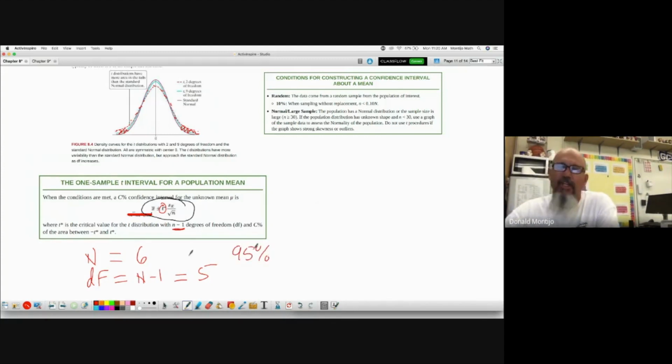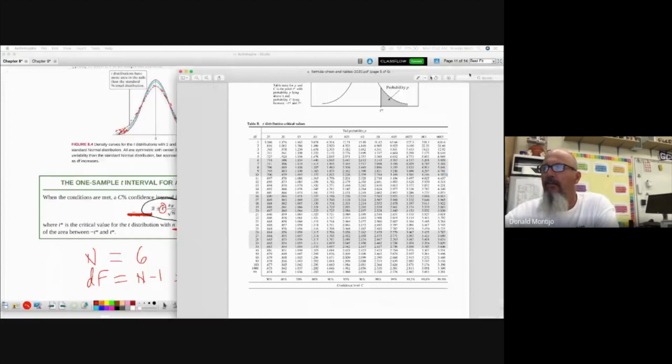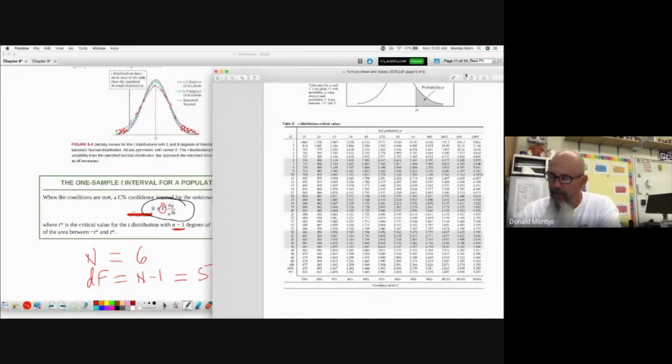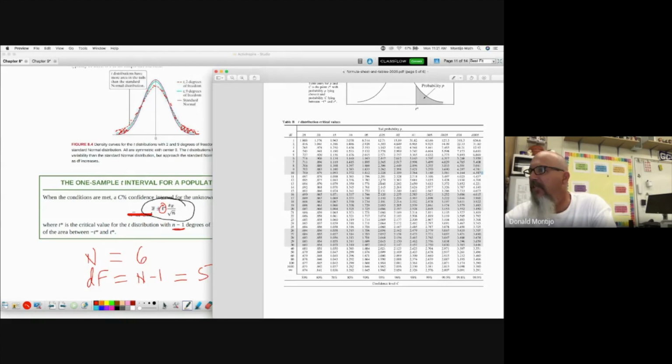So I'm going to have to come over here to this table again, table B, and I'm going to find 5 degrees of freedom. So 5 degrees of freedom, and I want to be 95% confident. So I go across at the 5% and down to the 95%.